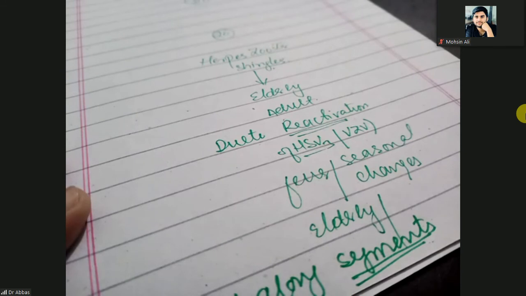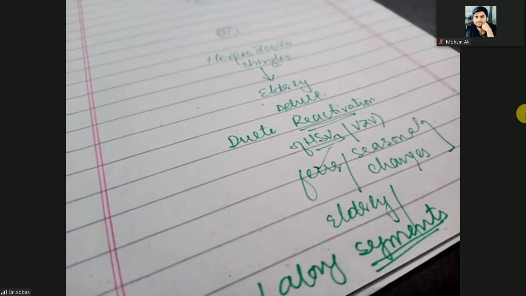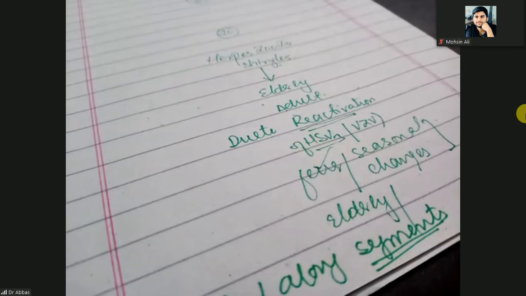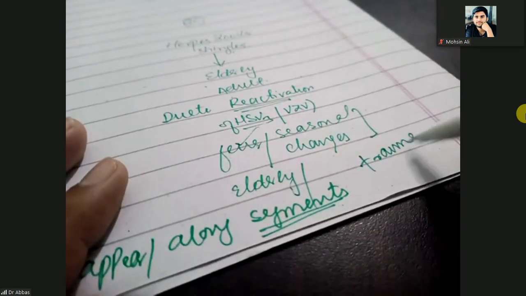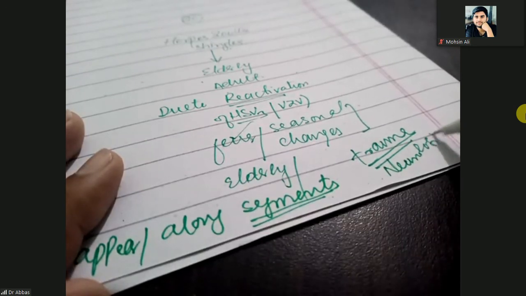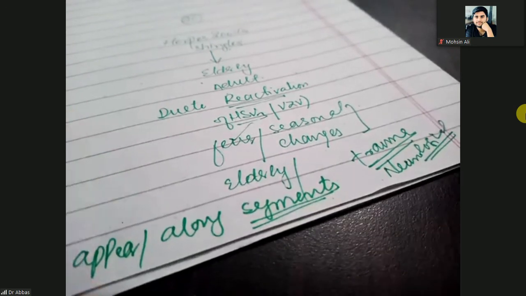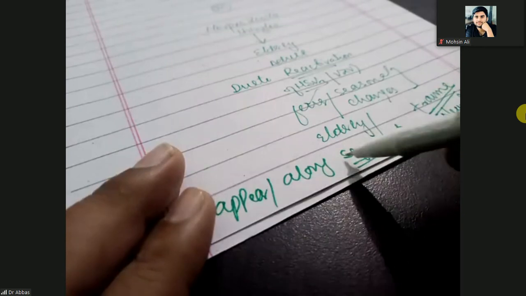So if the adult has a strong immune system, then due to seasonal changes, fever, some neurological problems, or trauma to the specific site, the virus will reactivate and appear along the segment.